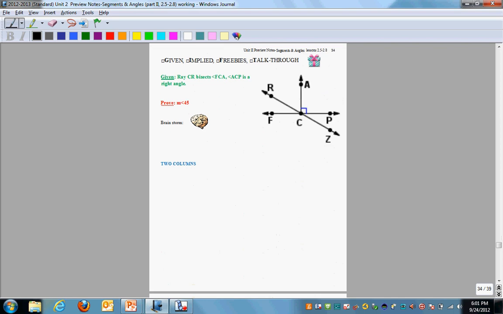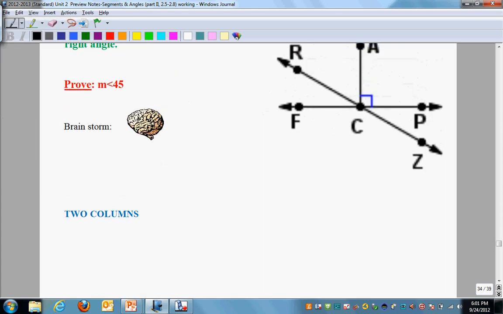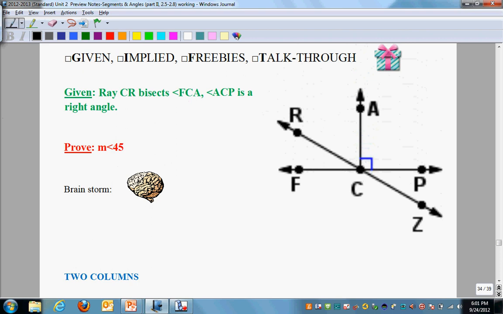Your two-column proof is similar to what you've been noticing in class. So let's walk through given right here. Let's bring this real close. Given ray CR bisects FCA. ACP is a right angle.